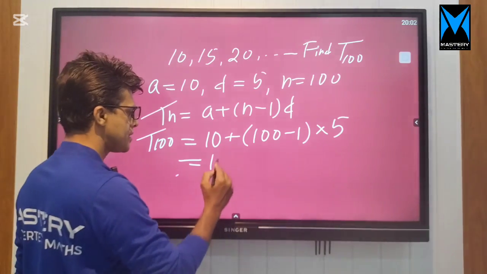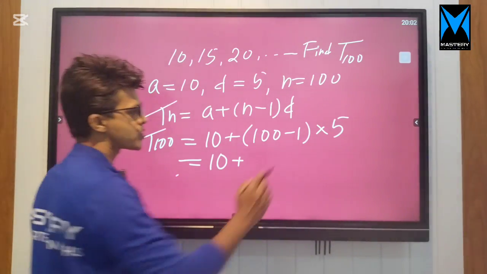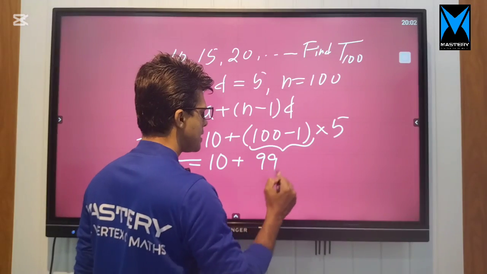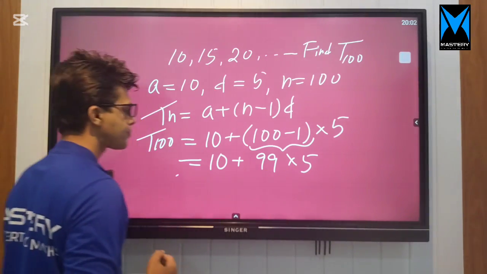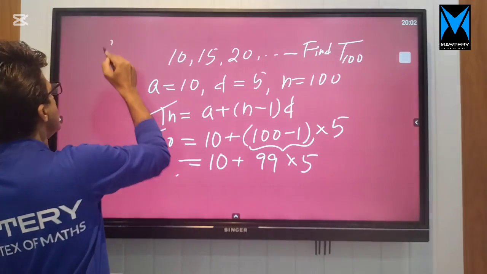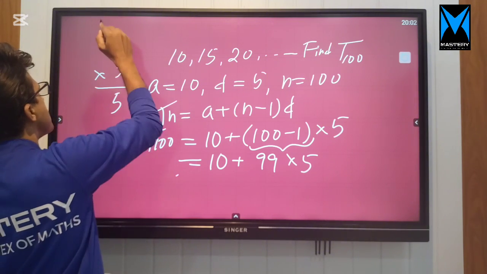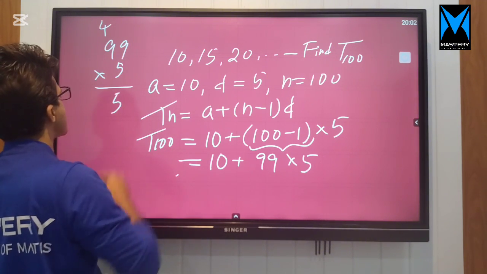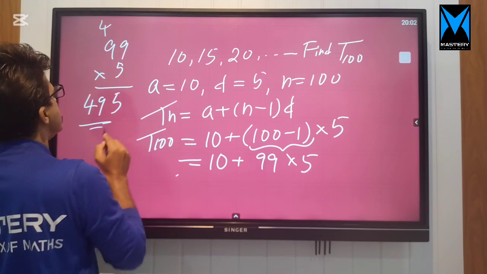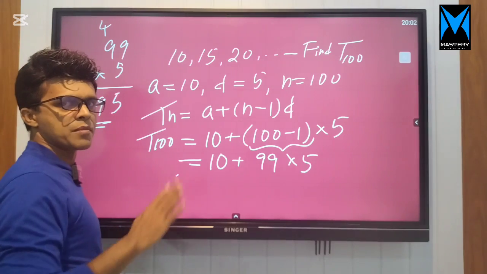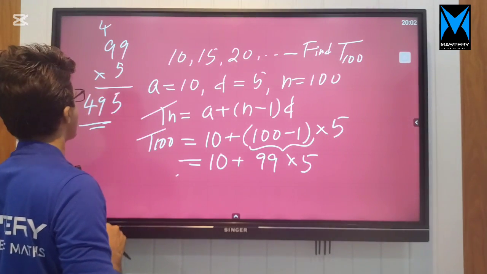So 10 plus 99 times 5. Firstly we need to multiply. 5 times 9 is 45, plus 4 is 49.